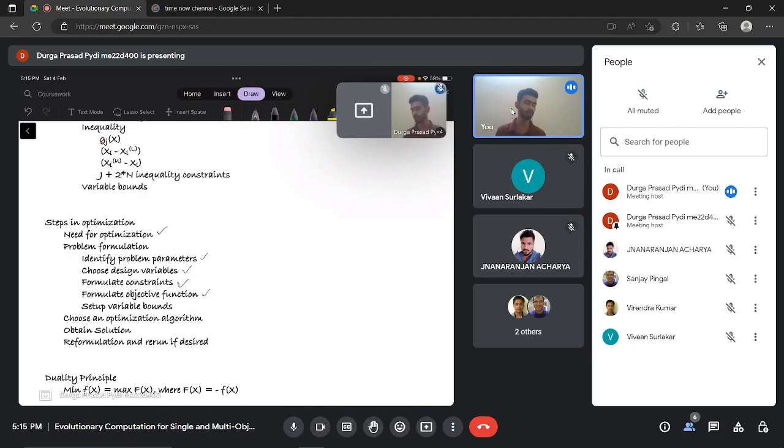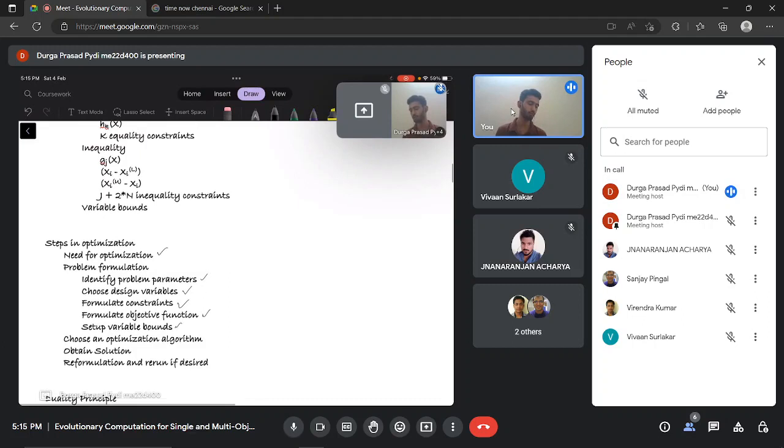And then we formulate our objective function, which is essentially minimizing the total time to move from one point to another point. And we then set up our variable bounds. After the problem is formulated, we actually do the optimization, where we decide which algorithm to use. There are several algorithms, like calculus based algorithms or heuristic based algorithms.